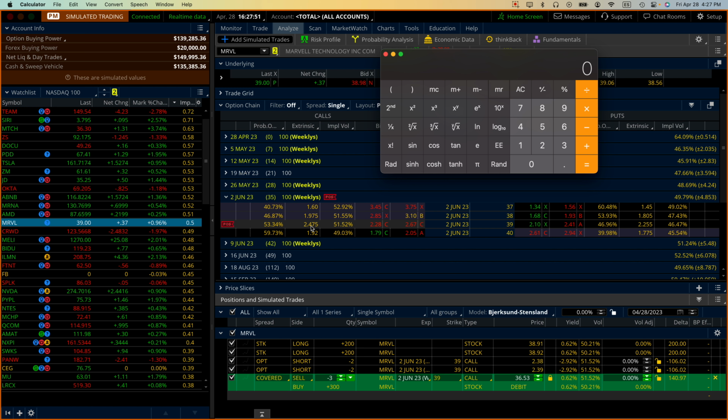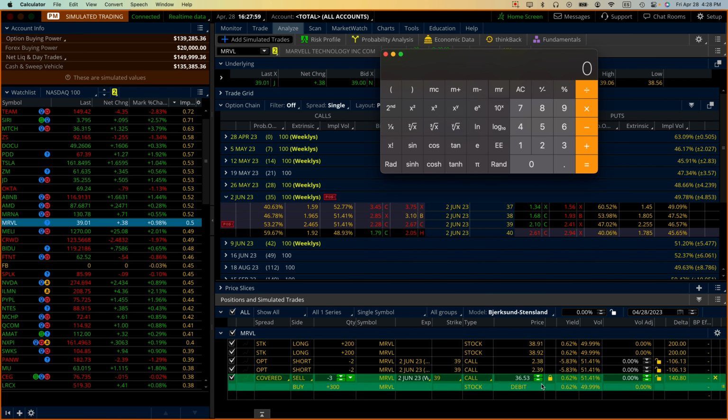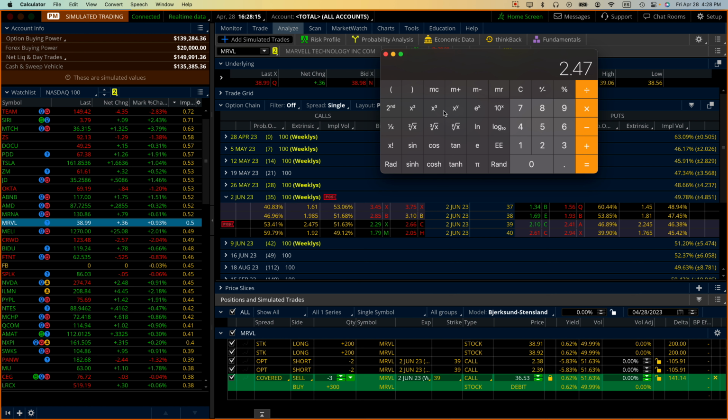That means I have the guarantee that this option that I got, let's see, how much was it? Well, you can look at it here. The strike price is 39 minus what I pay, 36.53, $247. That's how much I got as extrinsic value.